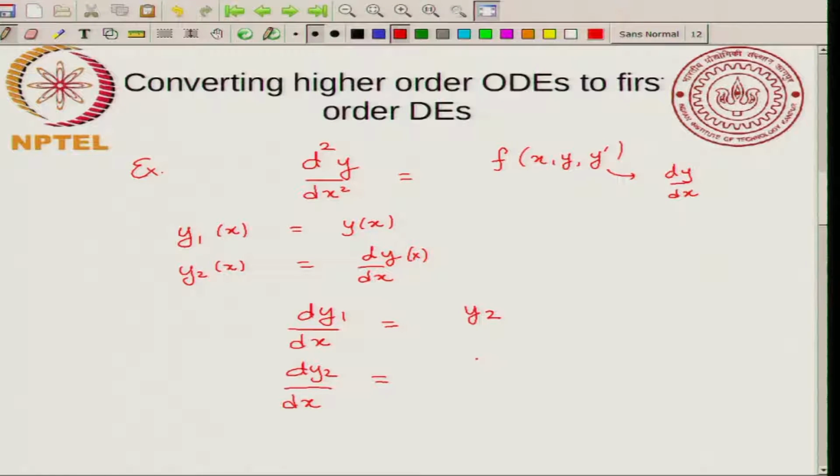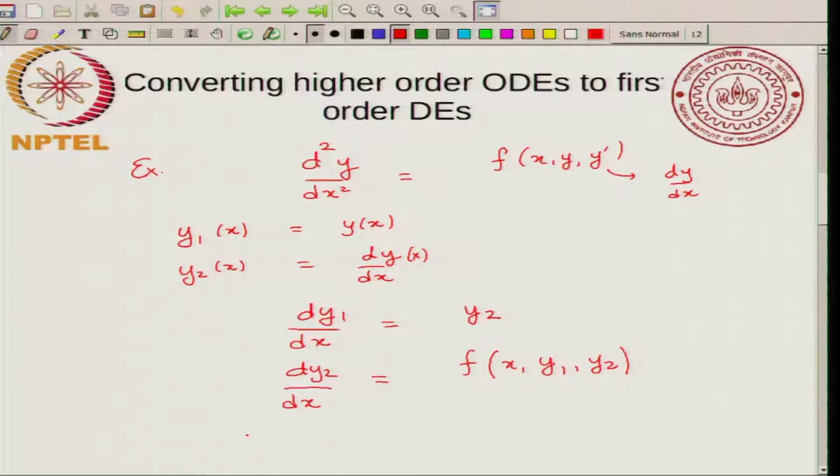So, this is my f of x, y1, y2. What I did is I converted my second order differential equation to two first order differential equations.